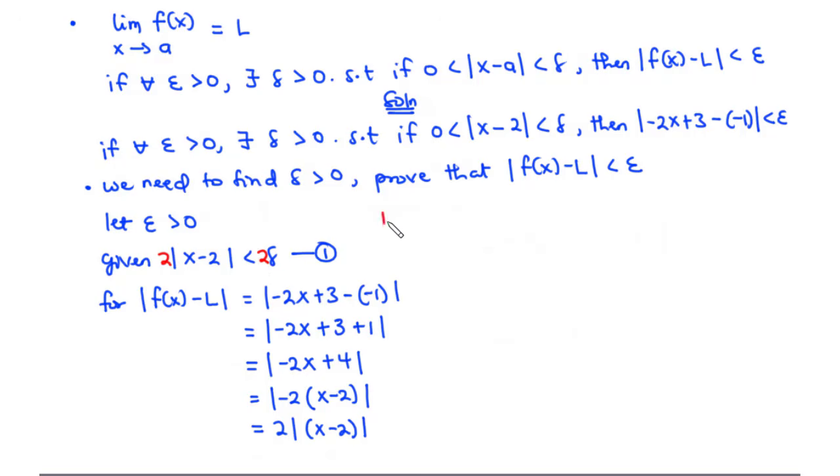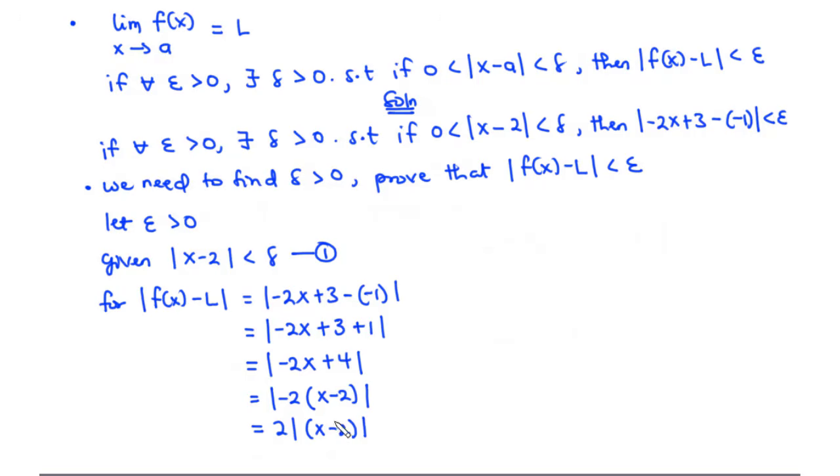Assuming that you have 1 is less than, let's say, 2. If you multiply 1 by 2 and then multiply 2 also by 2, then you realize that the left hand side is still less than the right hand side. So that is actually what we mean here. So if you multiply 2 by the absolute value of x minus 2, then it should still be less than 2 times delta.